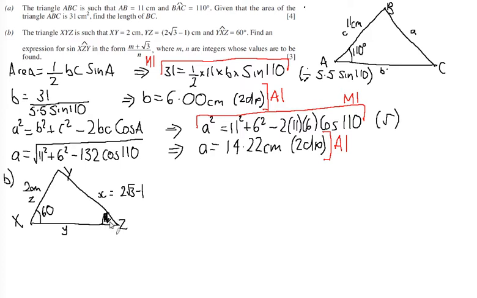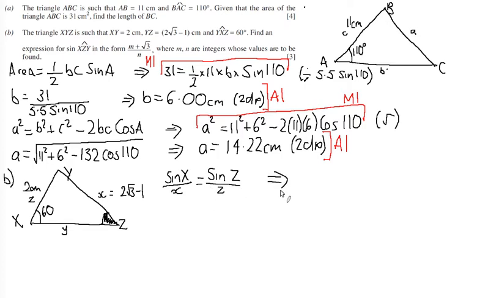Okay, so we want to find an expression for the other angle, which is this angle here, XZY. So we want to find it in this form of the surd here, which is rationalized. What we can do here is use the sine rule because I've got a complete angle-side pairing. Because I'm finding an angle, I'm going to put the angles on top. I'm going to have sine x over x, and all I'm doing is using the sine rule but replacing a and b with variables x, y and z. That's going to be equal to sine z over z.